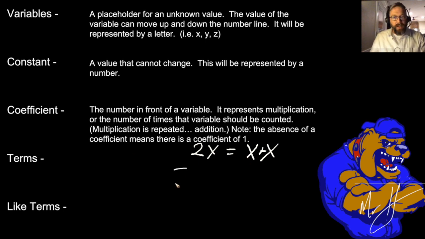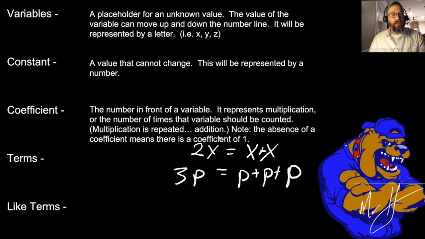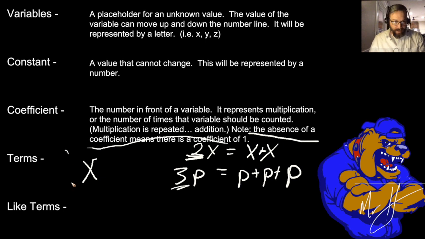If you were to see 3p, well, then you know that that's really just the same thing as p plus p plus p, because we have 3 p's. So the coefficient is just this number out front here. Now it is important to note the absence of a coefficient means that there's a coefficient of 1. So if I was to write just x, that is 1x, or just y, that is 1y.